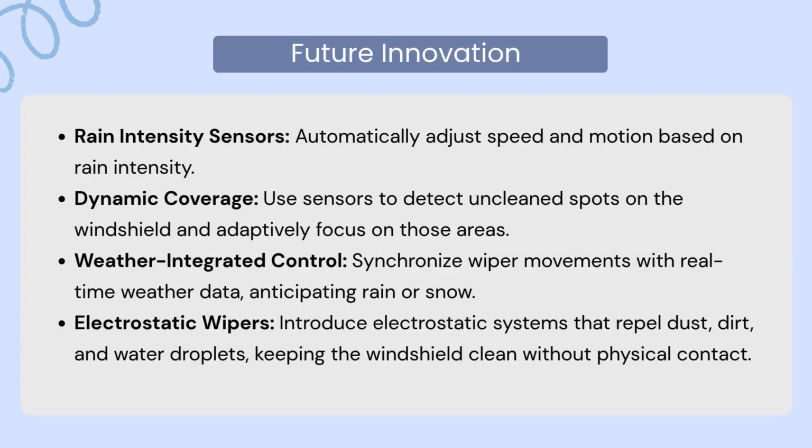Some of the modern advancements include rain intensity sensors, which automatically adjust the wiper speed based on rainfall intensity; a dynamic coverage system to detect unclean areas and focus wiping there using sensors; weather integrated control that syncs wiper motion with real-time weather data, anticipating rain or snow; and last, electrostatic wipers that use electric fields to repel dust, dirt and water, keeping the windshield clean without physical contact.